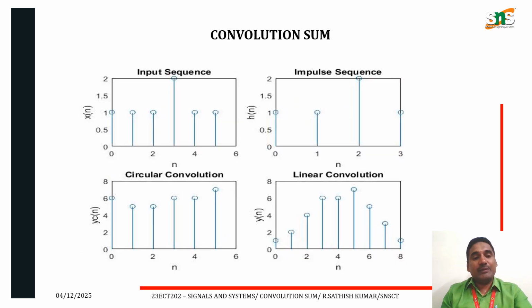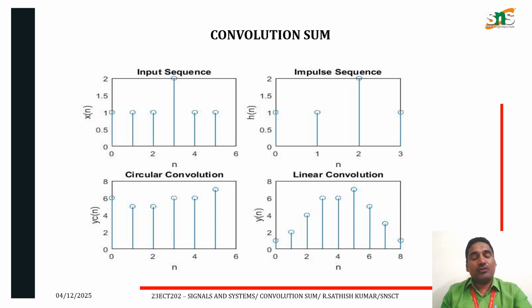Next one, the first input sequence is given as x of n, and the impulse response sequence is given as h of n. The circular convolution sequence can be represented as yc of n, and the linear convolution sequence is given as y of n. For the input sequence and impulse response sequence, by using either the multiplication or tabulation method, we can get the convolution sum of the sequence.